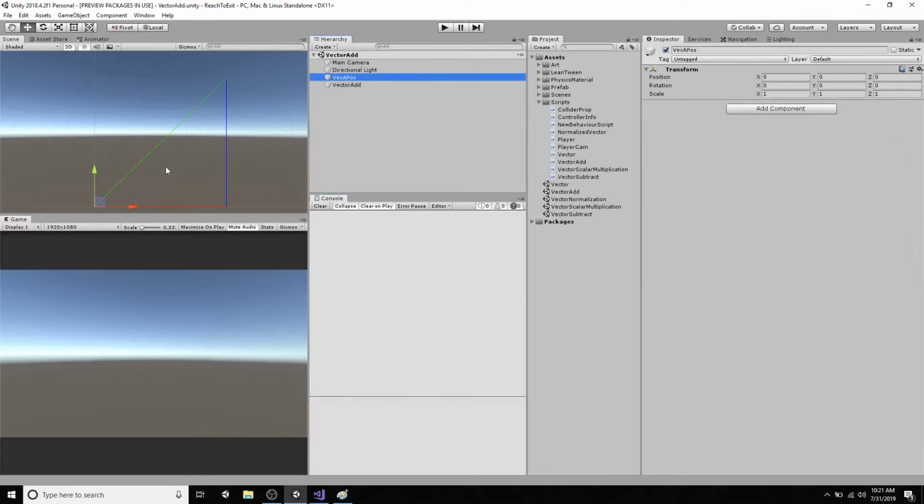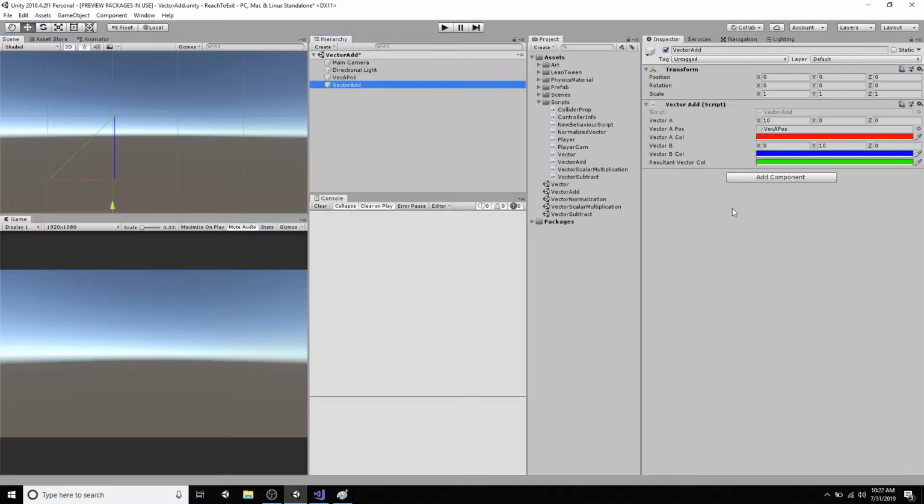Again, a vector doesn't have position, so I can move this vector anywhere, like this, but you still see the resultant vector is the same. Now if I increase the length of this vector, that is vector a, see what happens.